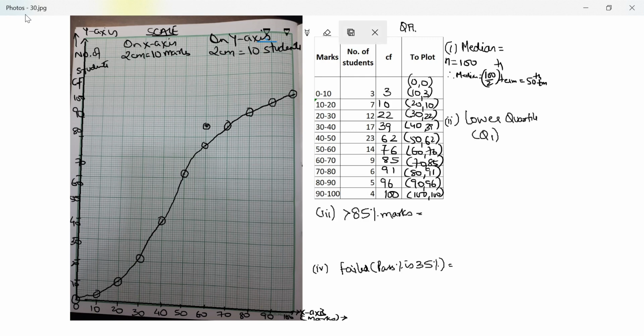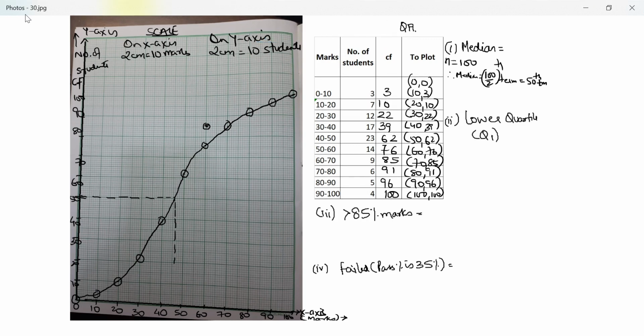I go on to 50 on the y-axis and I draw a line from the y-axis onto the ogive. It is the sixth small line after 40, and this is where I drop it onto the x-axis.